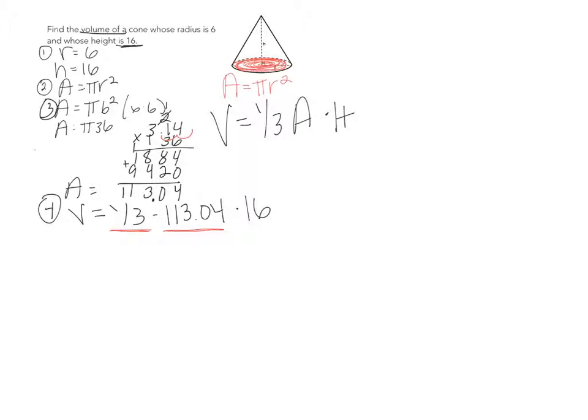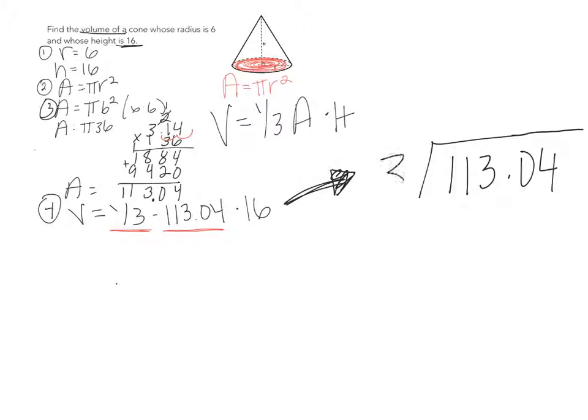So let's take 113 and divide by 3. I'm going to do this over here because I know my long division is going to take up some room. So let's put 113 and 4/100ths inside, and let's put 3 outside.